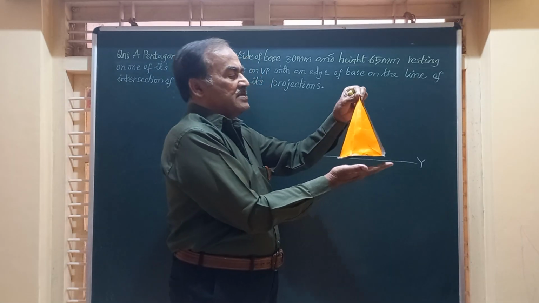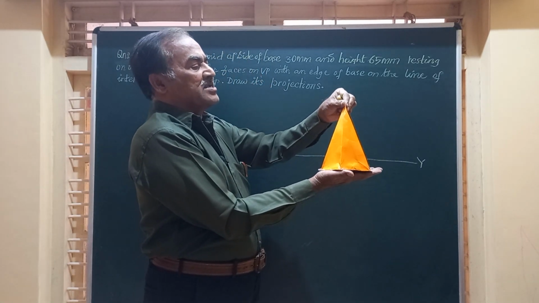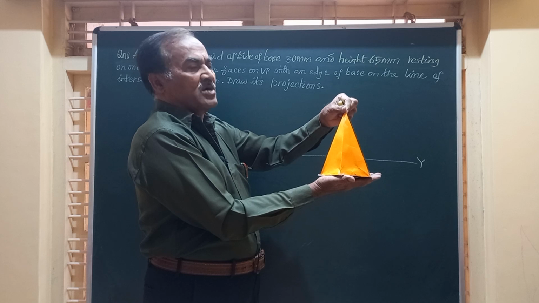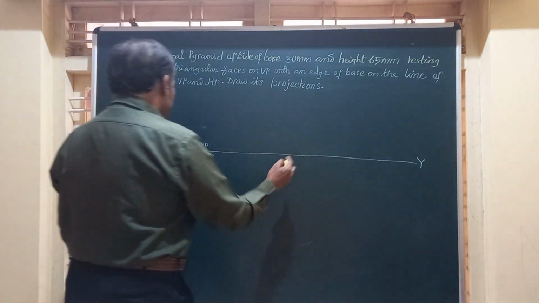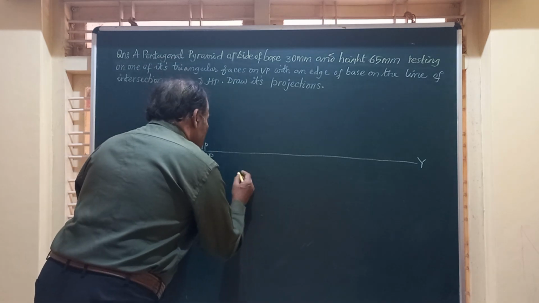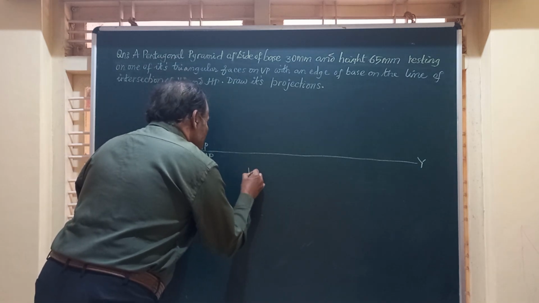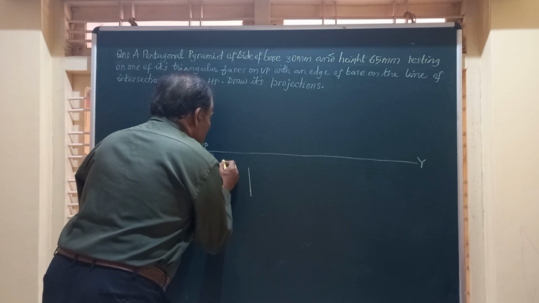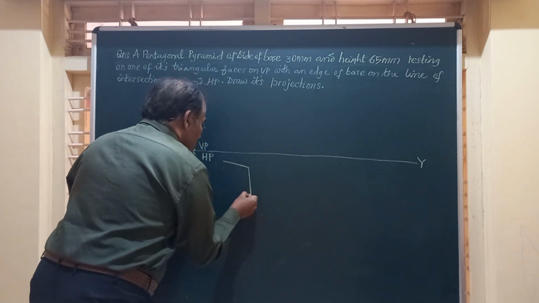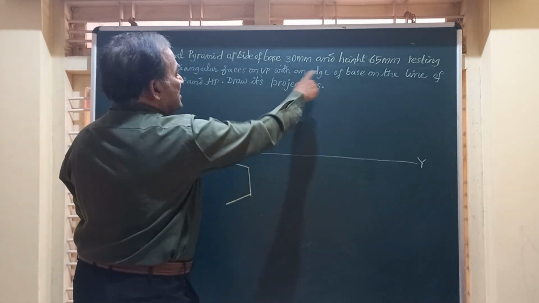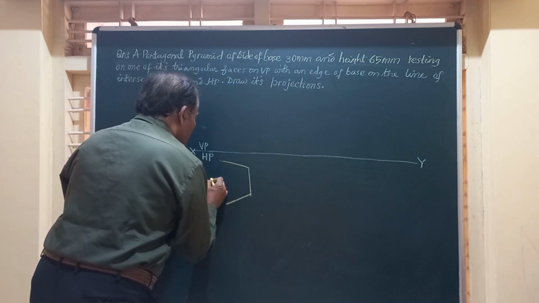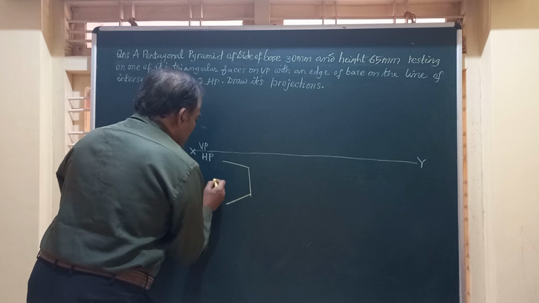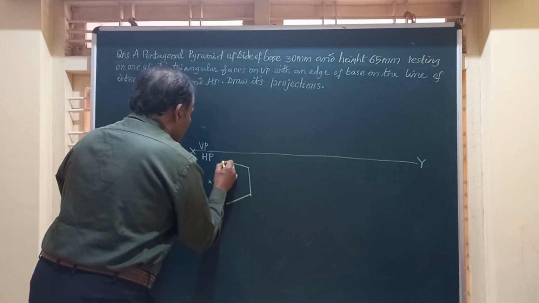So I place the pyramid like this and obtain the top and front views of the pyramid. So friends, mark XY line and we will mark a regular pentagon of side 30 millimeter. Yes, it is 30 millimeter, and we have to obtain the corresponding top and front views of this.